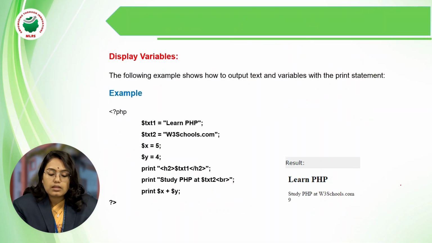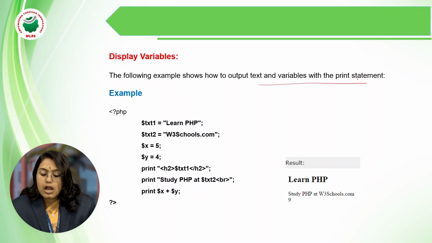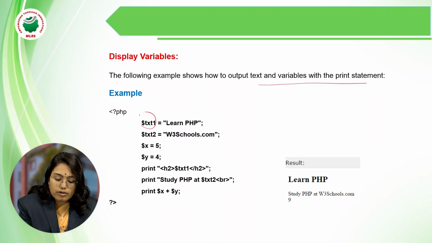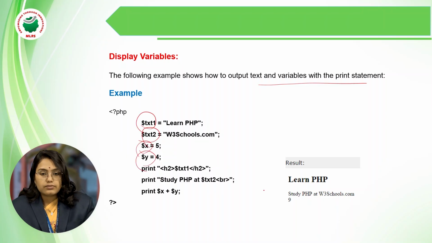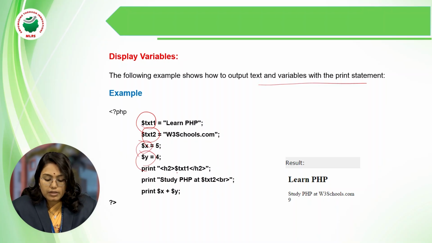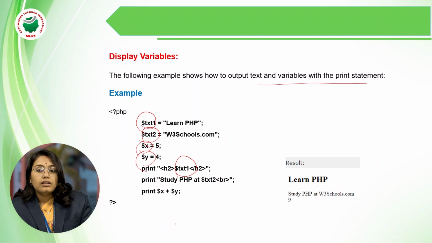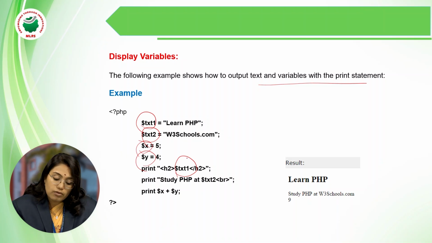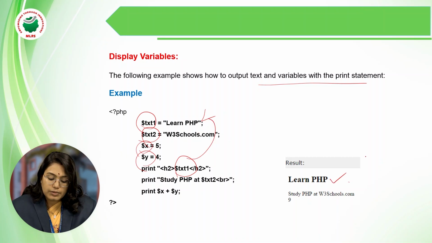Displaying variables. The following examples show how to output text and variables with the print statement. Here we are declaring $x, $y, $text1, $text2. We have declared some integers. Here coming to print, we are declaring $text1. So what have we given in $text1? Learn PHP. Clear.